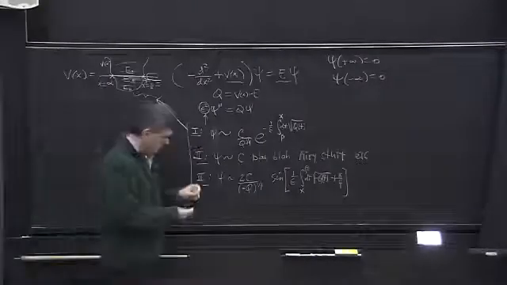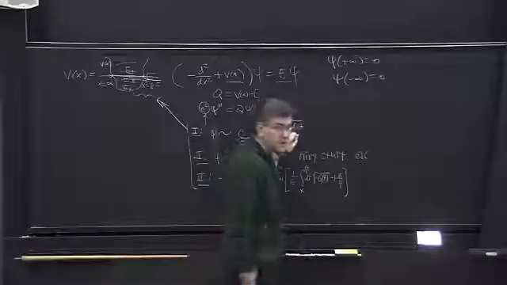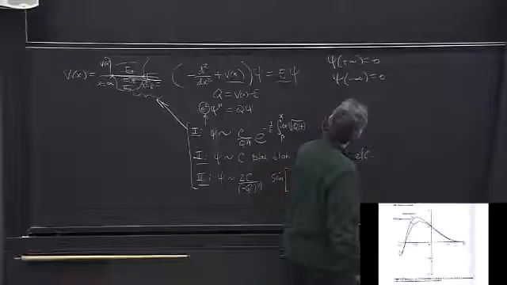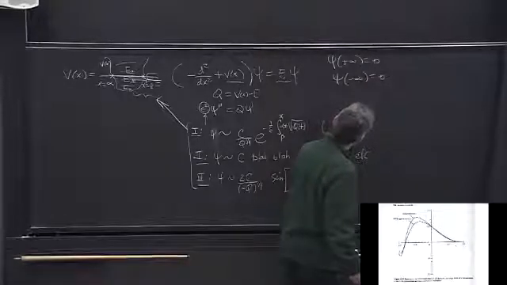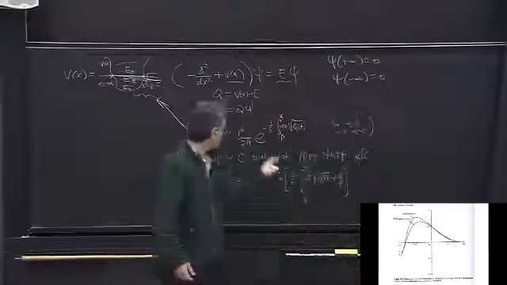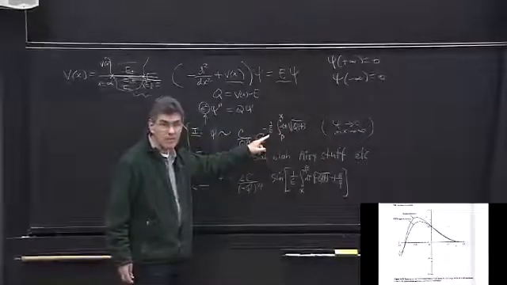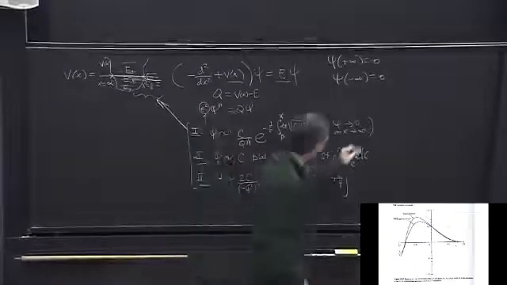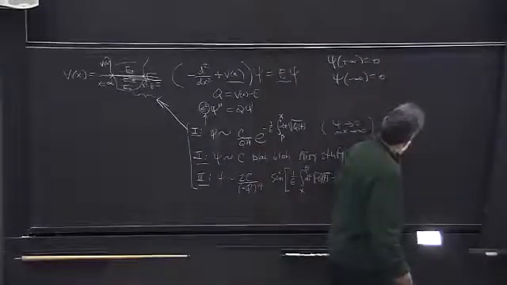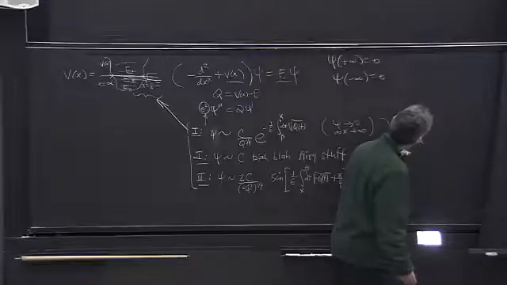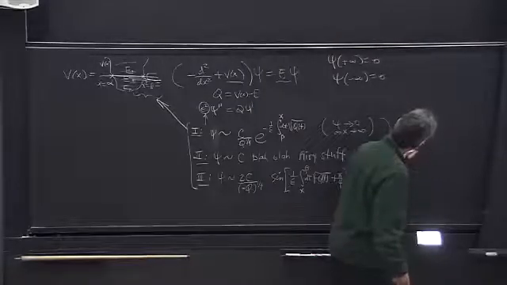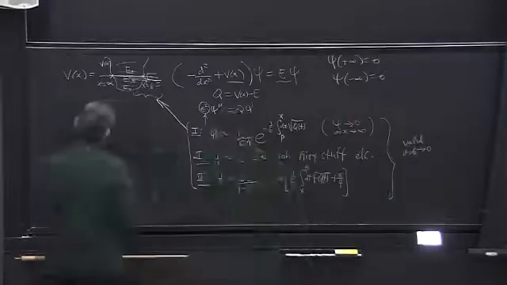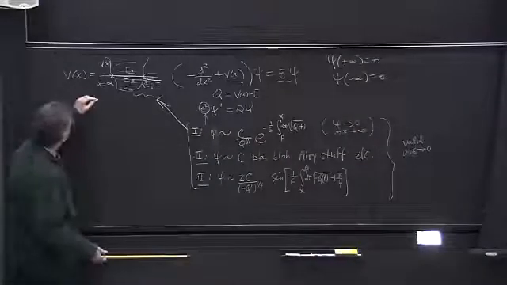Instead of the solution, notice this guy here is constructed so that psi goes to 0 as x goes to infinity. Notice, because there's a minus sign here. Oh, by the way, all these are asymptotic signs. All this is valid as epsilon goes to 0. That's very important.